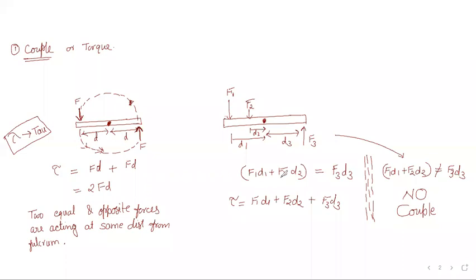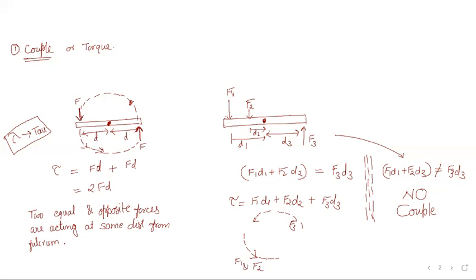So what happens under this case? The turn because of F1 and F2 matches with the opposite turn because of F3. So this is the torque due to F1 and F2, whereas this is the torque due to F3. They are matching. The way in which these two are pushing onto F3, F3 is also pushing back onto F1 and F2.